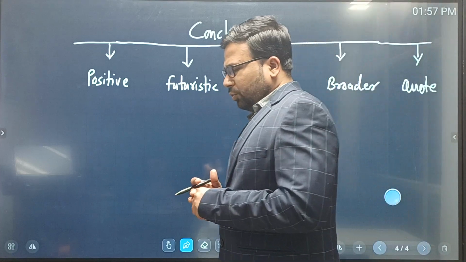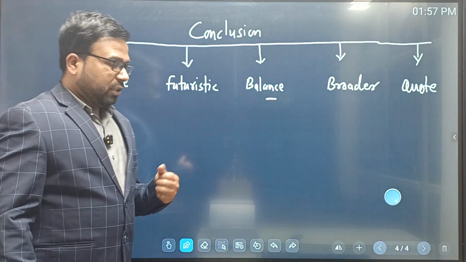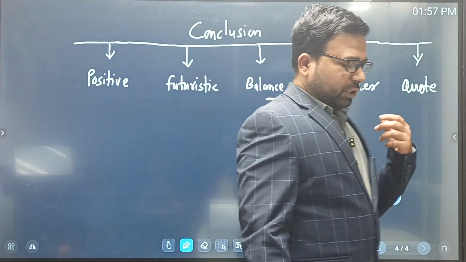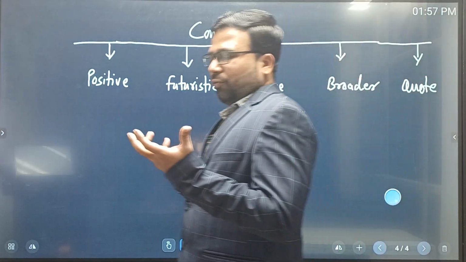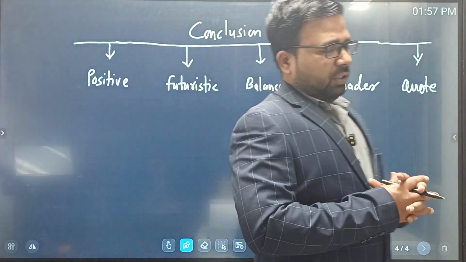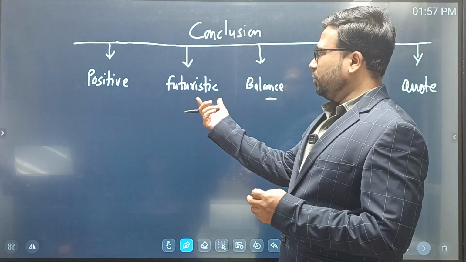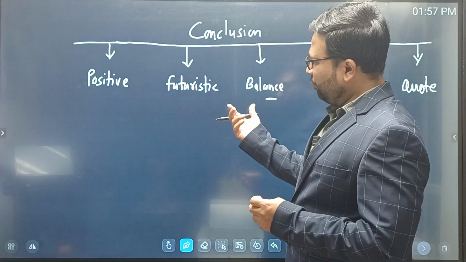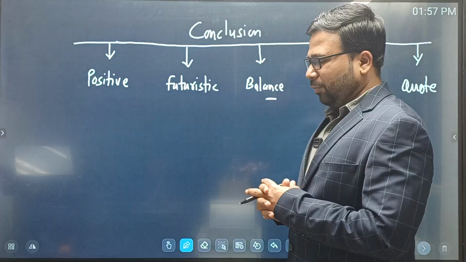Futuristic shows that you are concluding your answer by connecting it with future targets. For example, Viksit Bharat by 2047, that is our broader target as a nation, which the central government always talks about. If you are able to connect your answer to that vision, that can be very good.